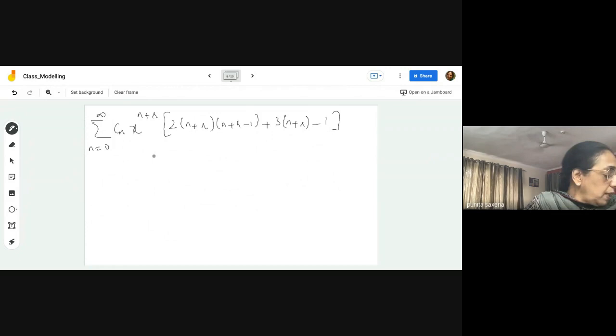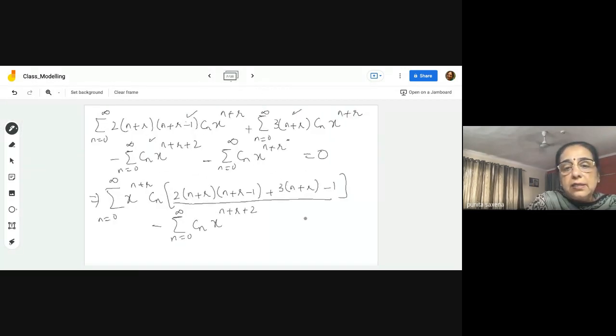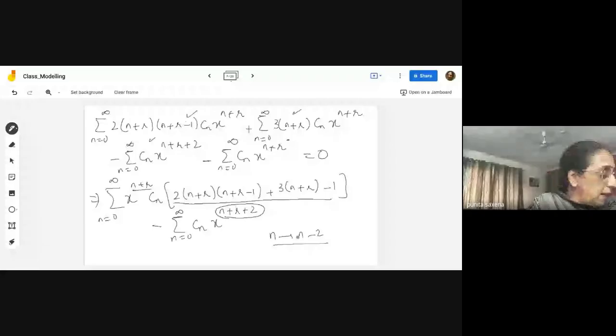Right. Now look at the last term. This is n plus r plus 2. So I want to make it n plus r, because I have x to the power n plus r. I want my series to be starting from that. So what do we do? We change n to n minus 2.